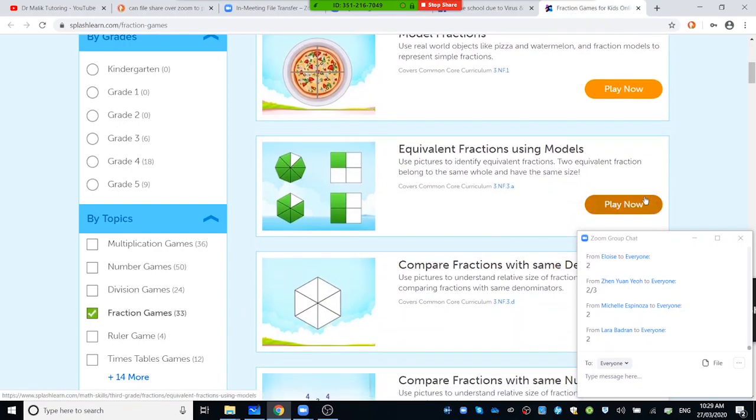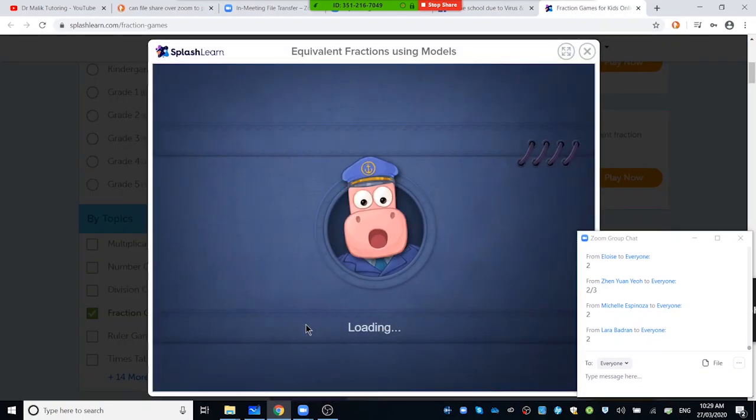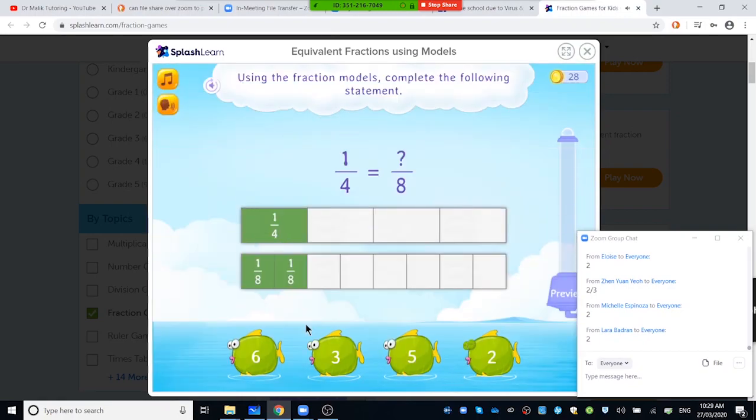That is something which we will do. That is the third part which we studied today. Using the fraction models, complete the following statement. So you have now 1/4 and you have to find what should be here to make an equivalent fraction. Can you kindly type there?